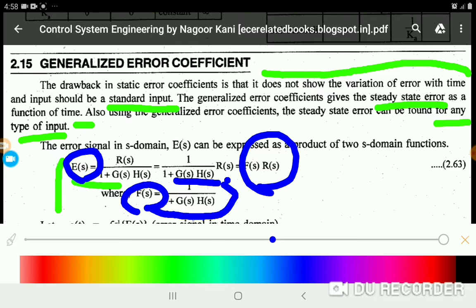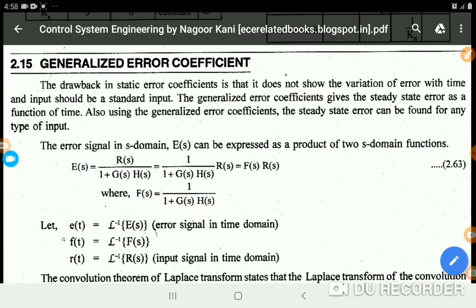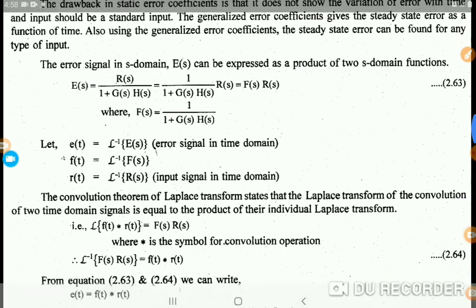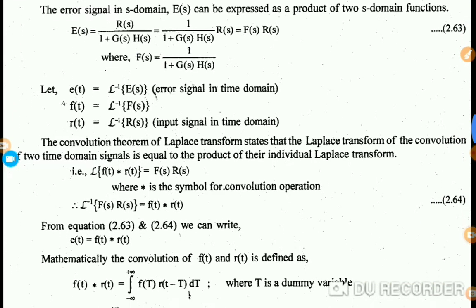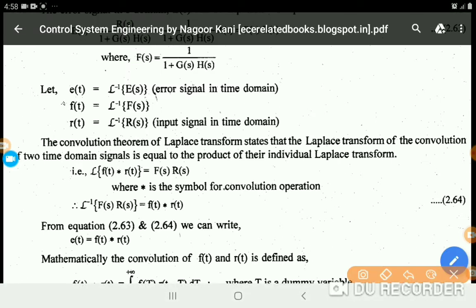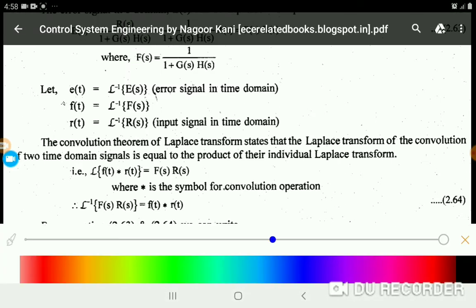Freeze it, and similarly we take into account E of t equal to Laplace inverse of E of s, that is, the error signal in time domain, E of t equal to Laplace inverse of E of s.